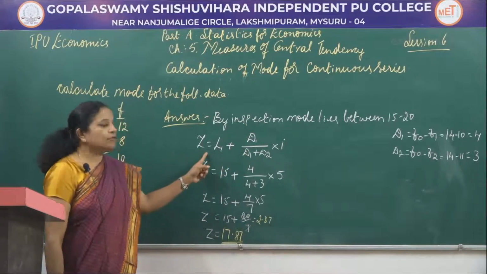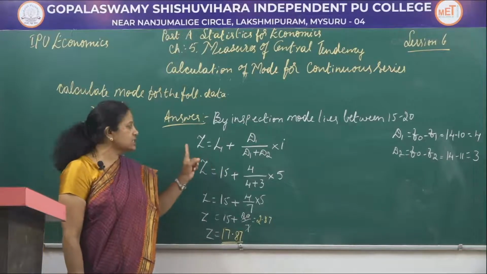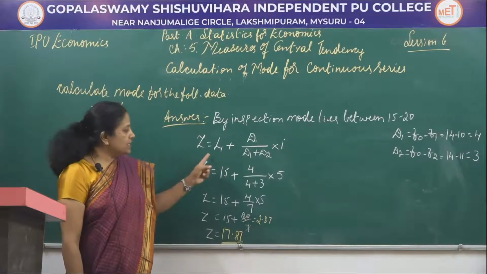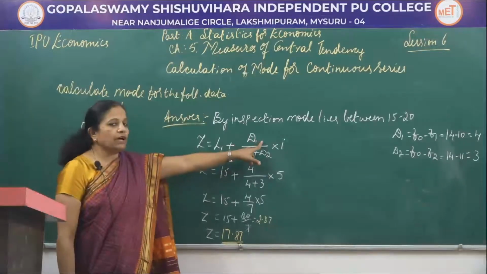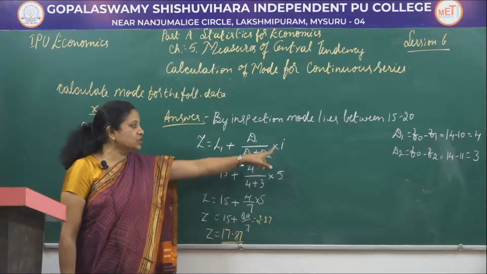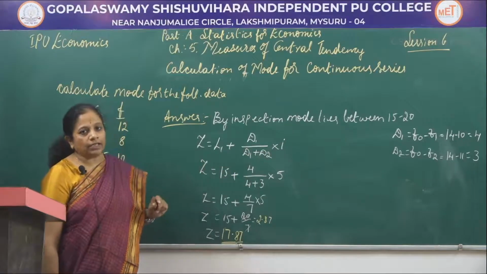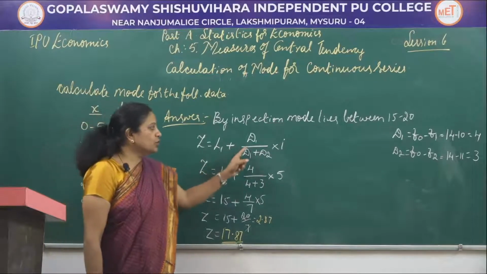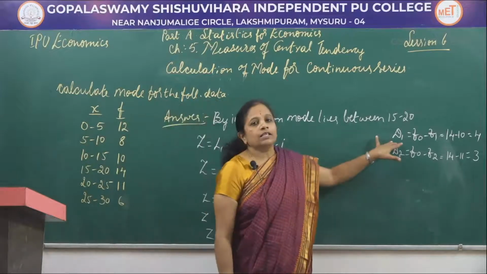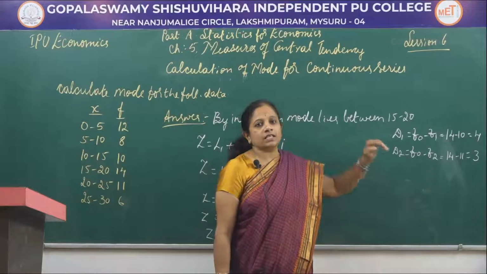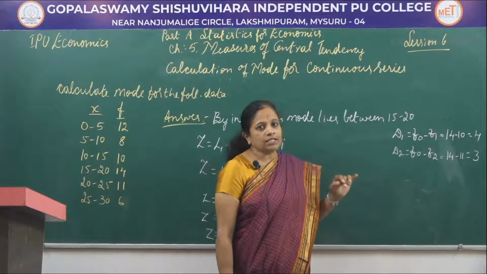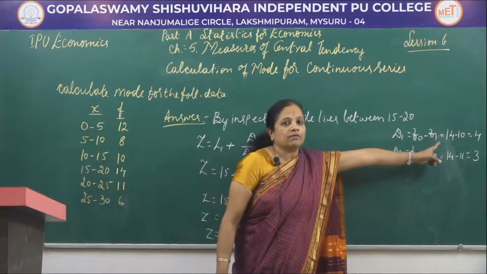So the formula for calculating the mode, denoted as Z, is L1 plus D1 divided by D1 plus D2, multiplied by the class gap. You know that D1 is the difference between the highest frequency, that is F0, and the previous frequency.